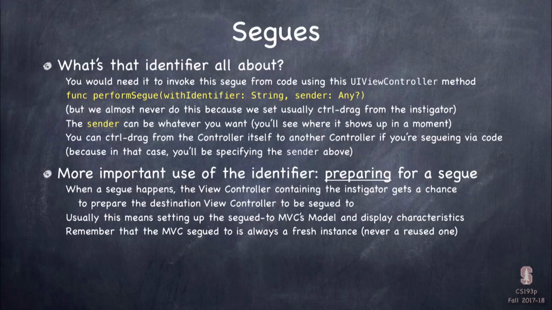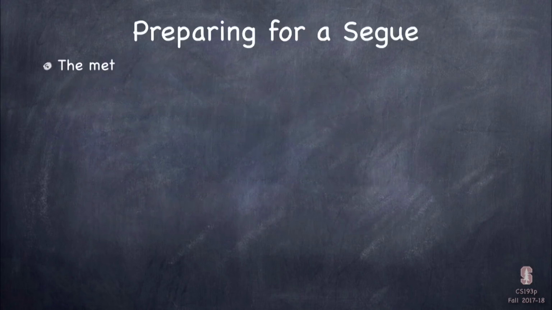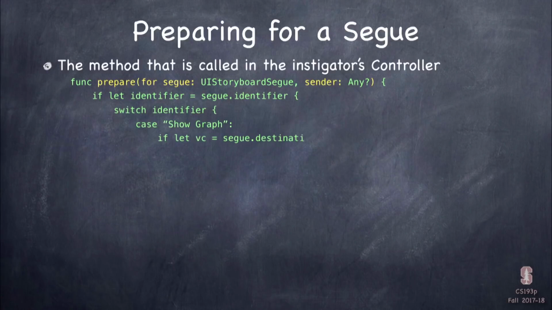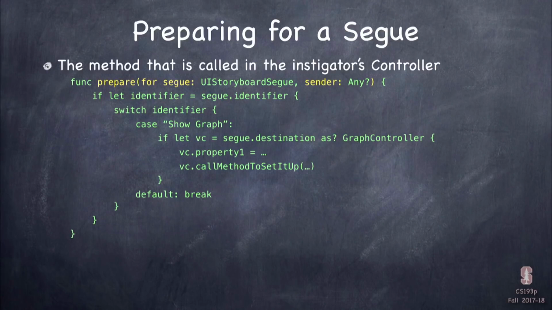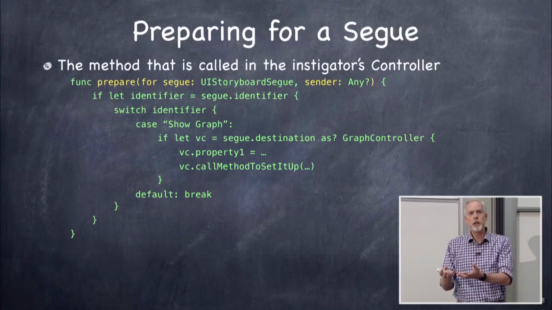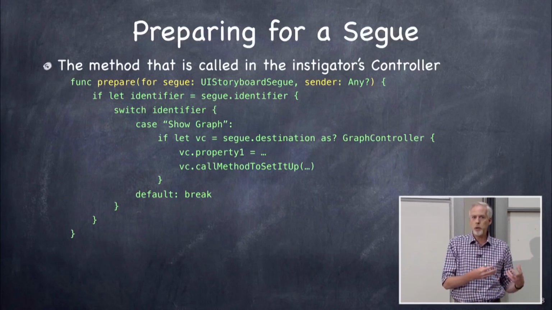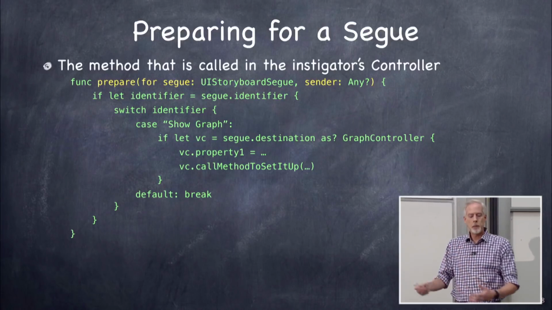We call that preparing that MVC to do its job. And segues always create a new MVC, so they always have to be prepared to do what they do. Make sense? So we do that with a function called prepare for segue. This function is implemented in the MVC that is causing the segue to happen. It's obviously the only one who could prepare the new MVC to be ready to go.